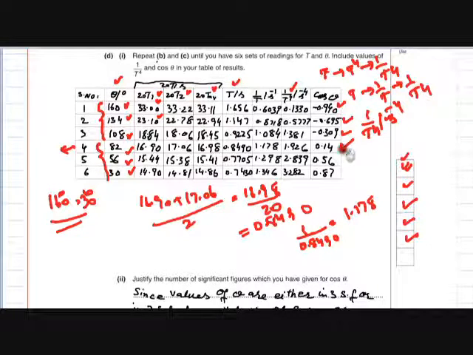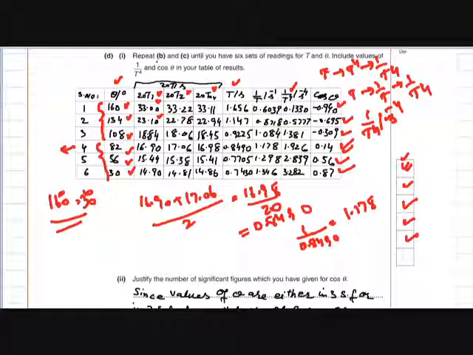And about t, all the values of t are in 4 significant figures, so t is also in 4. If there were 3, we made them 4. For example, in this one, what I calculated was 0.849, then I put a 0 myself in order to get 4 significant figures, so 0.8490.